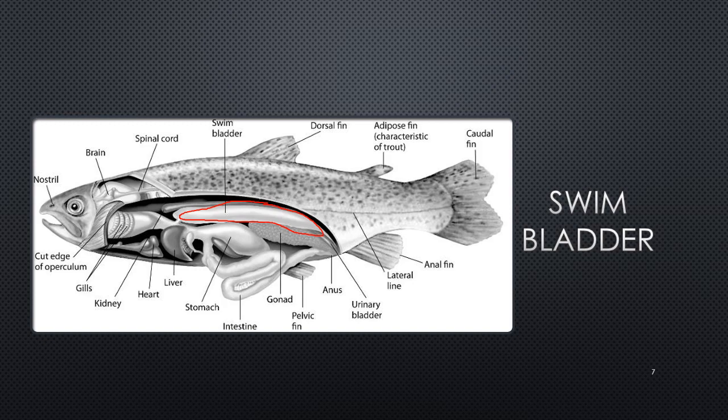But this allows the fish to manipulate the amount that's in its swim bladder, so it can either move up or down in the water column as necessary. And you're going to see this when we do our dissection in lab. We'll do a dissection of a perch, and you'll get to see it. That swim bladder is made up of a very fine tissue, so sometimes it's a little difficult to see it in lab, but we will work on that together so you get a chance to look at it.